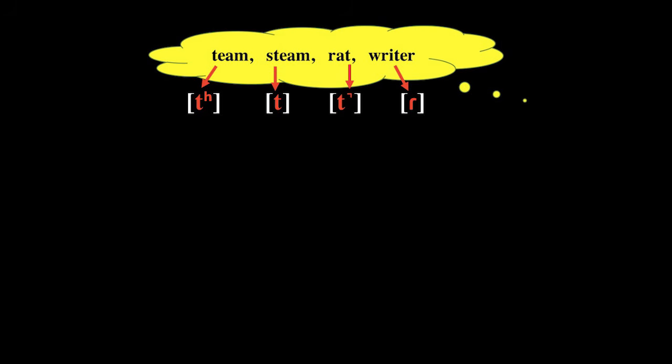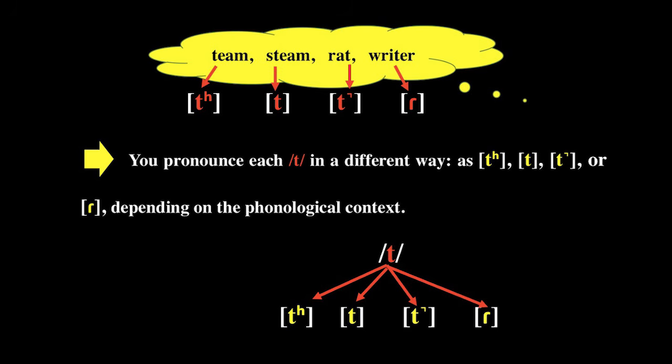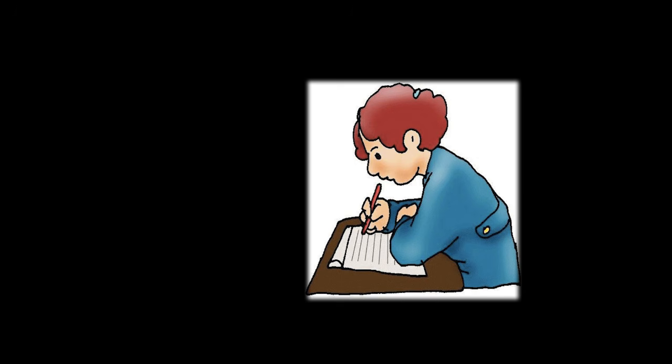So we notice that these four realizations of t are bound to a certain phonological context. It's the phonological environment that determines how the t sound is pronounced every time. From these four examples of the American pronunciation of the t, we can say that the pronunciation of the t is governed by certain phonological rules.